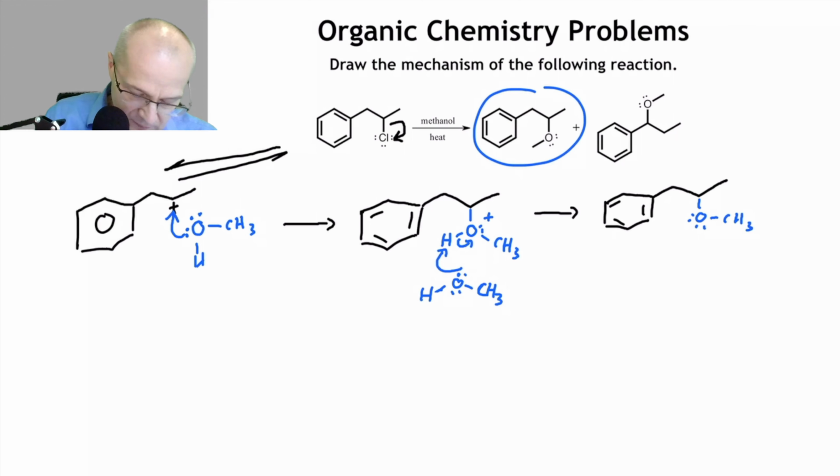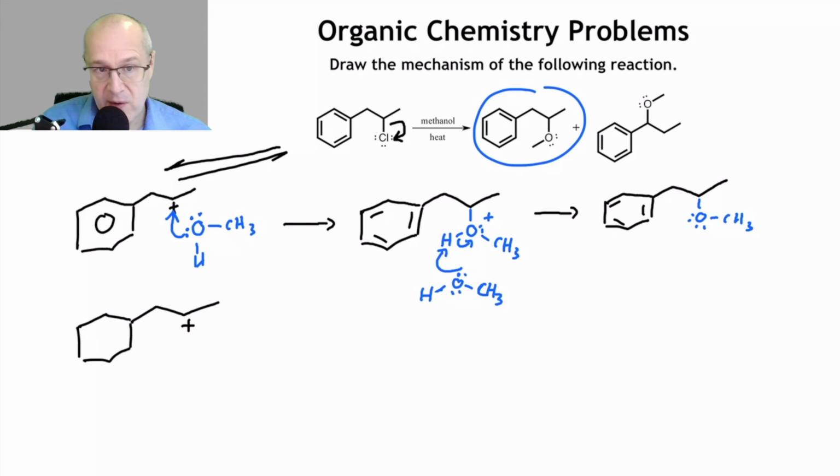So here, if we look at this intermediate right here, it's secondary, right? Let me draw that again. And one piece of advice when you're doing mechanisms is do not draw too much on one structure. I'm not going to draw another mechanism on this structure because I've already got a mechanism drawn on it.